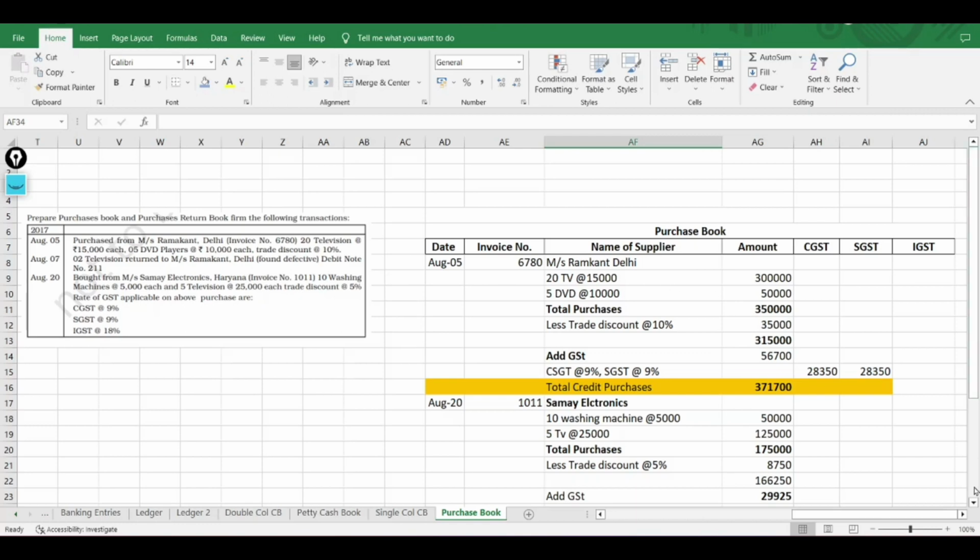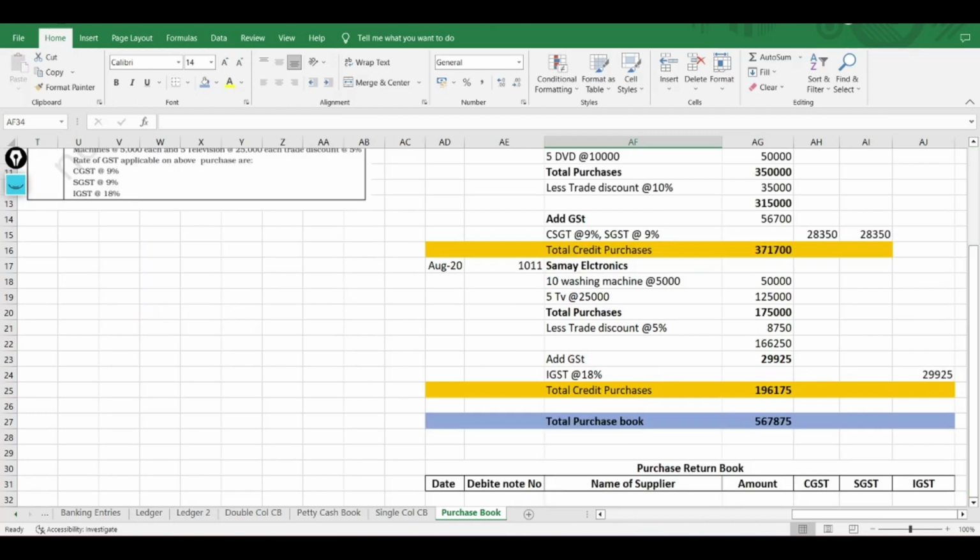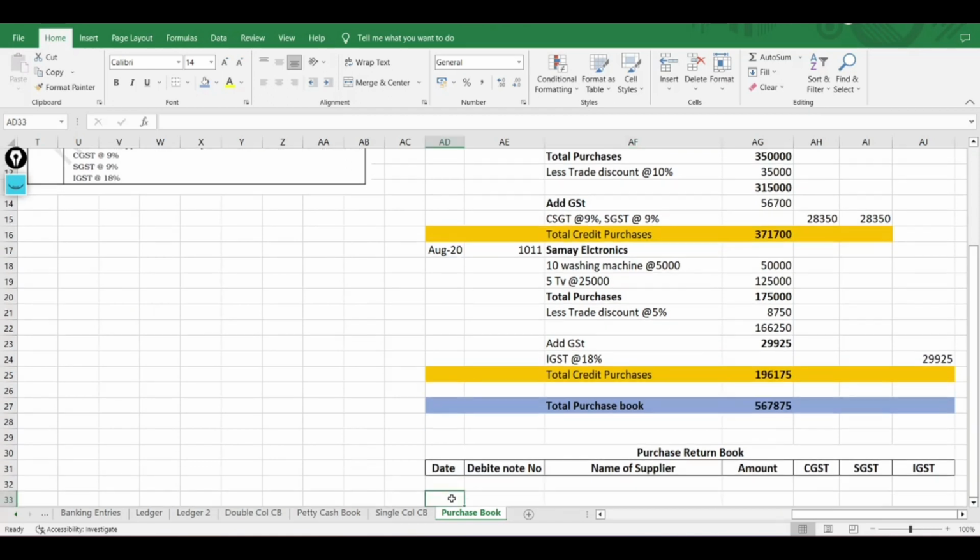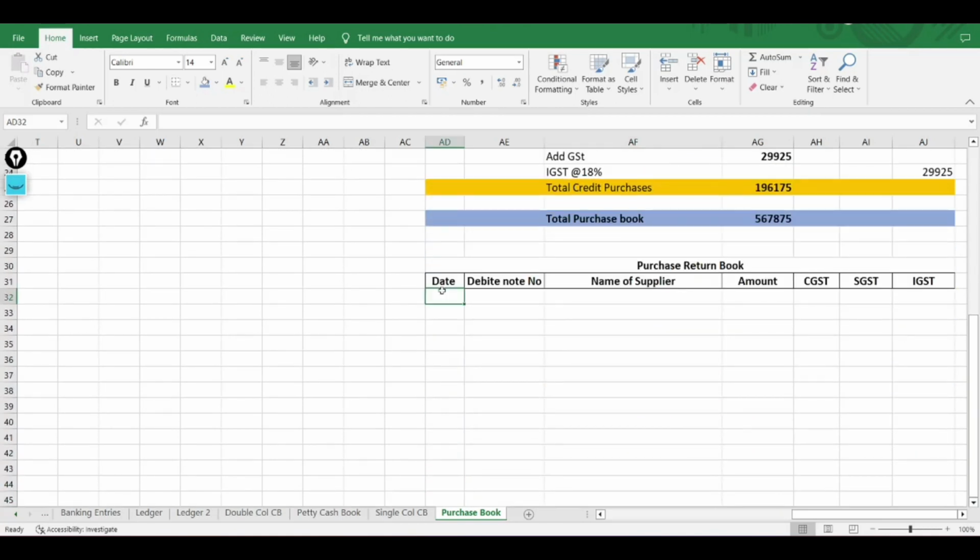So 2 televisions were returned back on August 7, debit note 211, to Ramkant, Delhi. We are returning back 2 televisions.